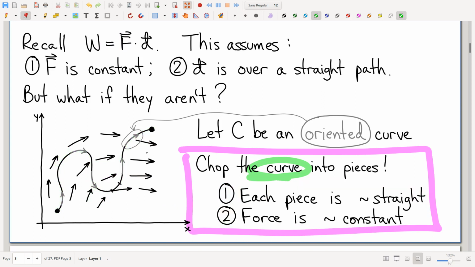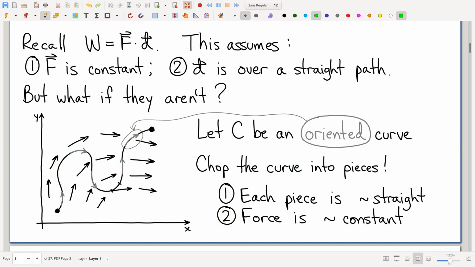Okay, now here's the subtlety that I have just glossed over. Now we have to go back and be honest about this. I am going to be going this direction here along the curve, and let's just again think about the mountain road analogy. If you want to know how much work it takes to drive the road, if you're going uphill, it takes more work than if you're going downhill.